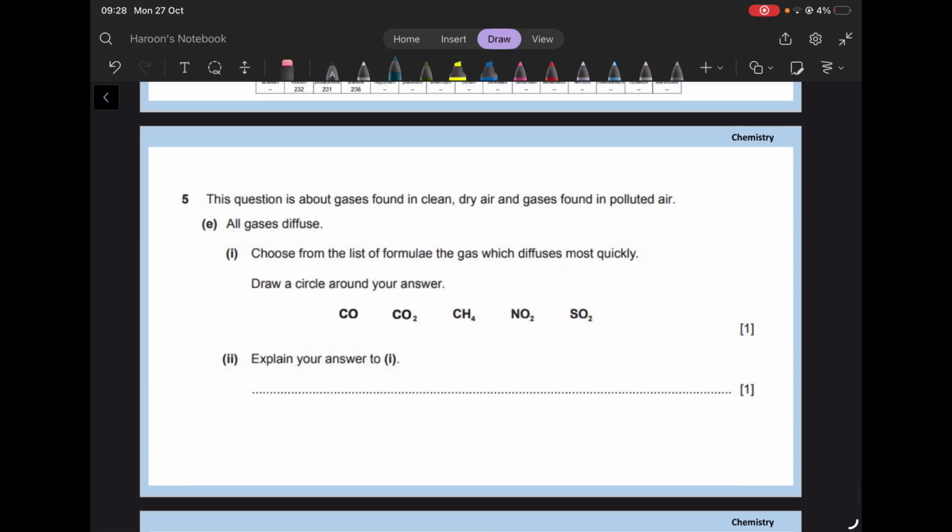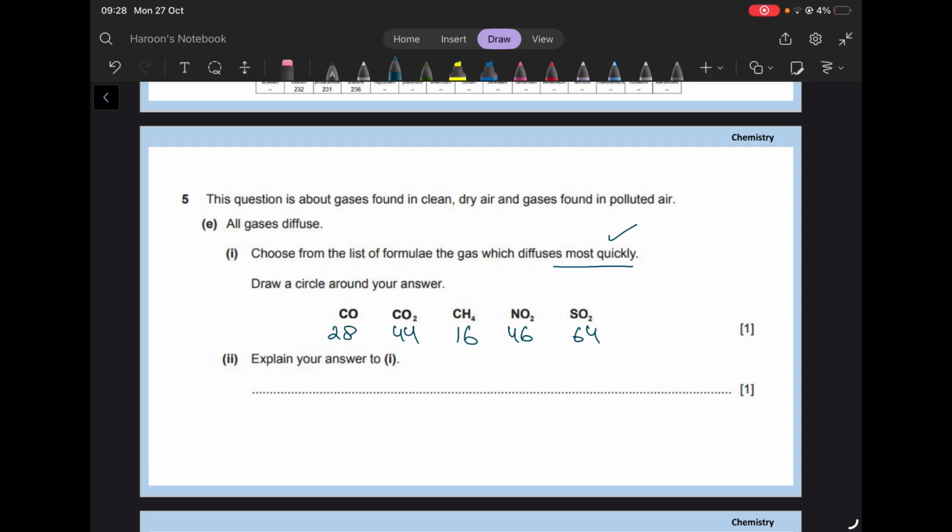Next question. Choose from the list of these formulas the gas which diffuses most quickly. So carbon monoxide, this would be 12 plus 16, 28. This 40, this would be 44. This would be 16. This should be 46, I think, and this should be 64. So we are looking for most quickly, so that would be the lightest gas.